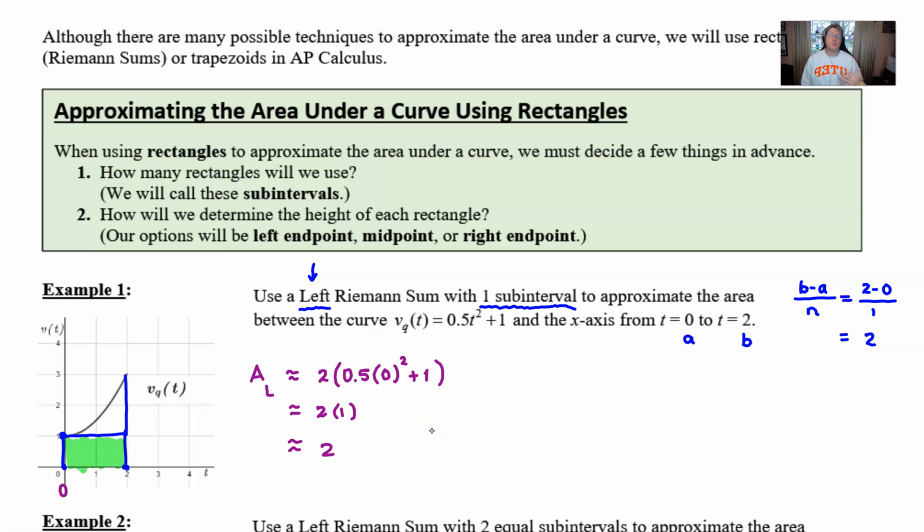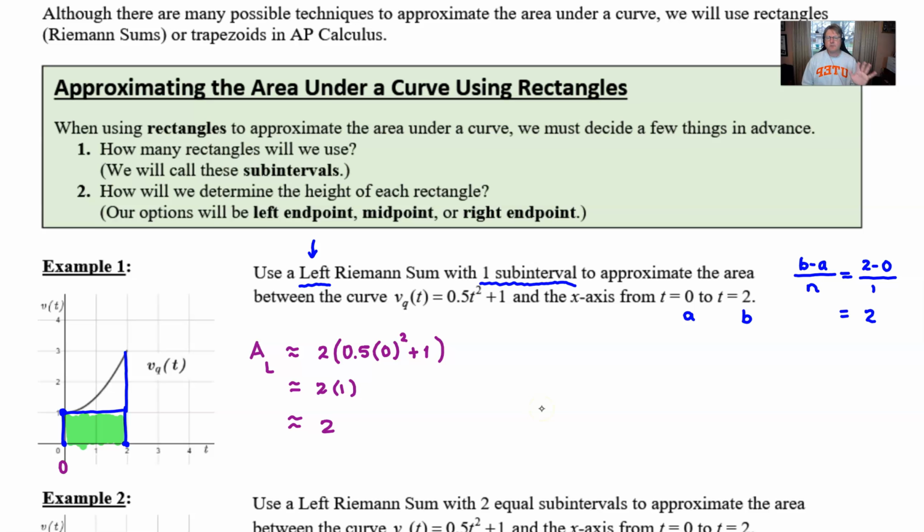But as we have more and more rectangles, this numeric process is probably going to be important. As I said before, hey guys, it's not a great approximation. That's not what I'm really interested in here. I'm just interested in answering the question that was asked. You only get one rectangle, define the height by using the left endpoint, and then figure out its area.